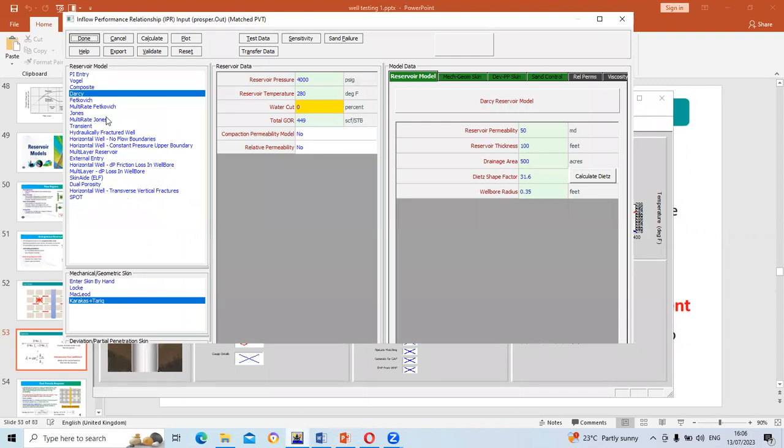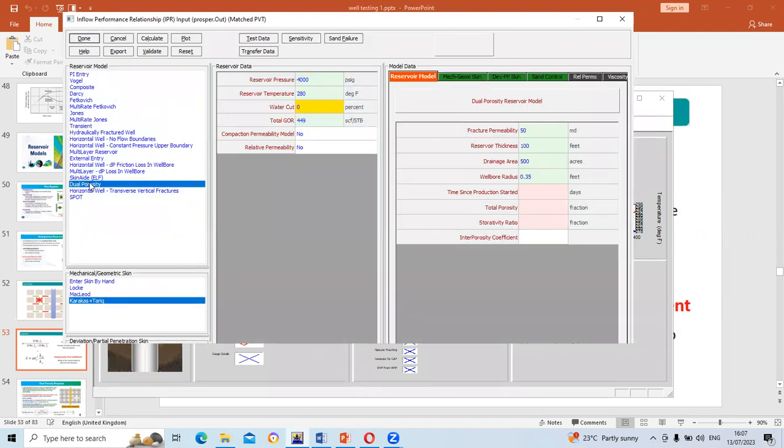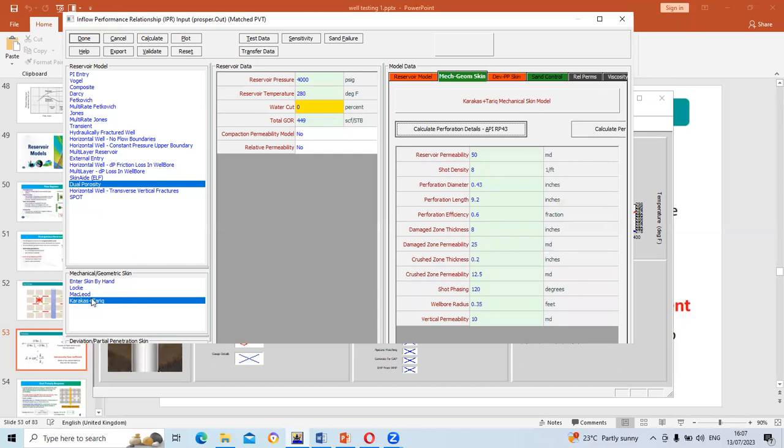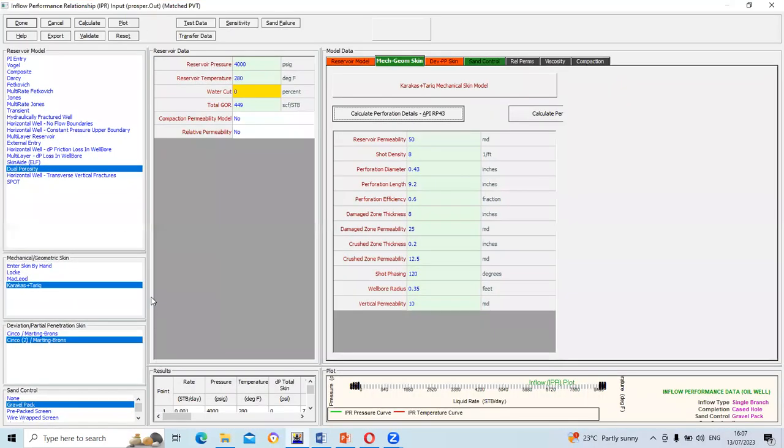So if I go to my model here, I think I should be seeing dual porosity somewhere. All right, that's my dual porosity reservoir there. Let's expand this.